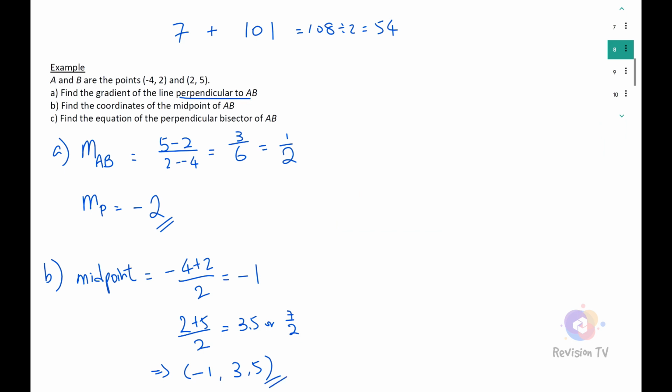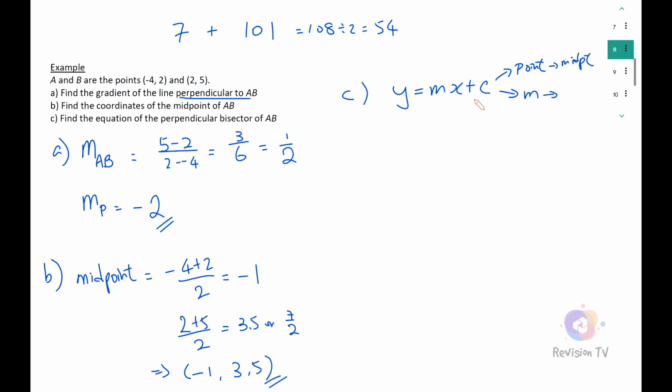Question C. Find the equation of the perpendicular bisector of AB. The perpendicular bisector is still a straight line, so we're still using the very same formula that we've been cooking, which is y equals mx plus c. Two things that we need, hopefully by now you should be able to say it without thinking, are a point and a gradient. The point is the midpoint.